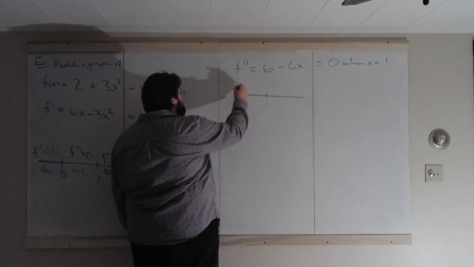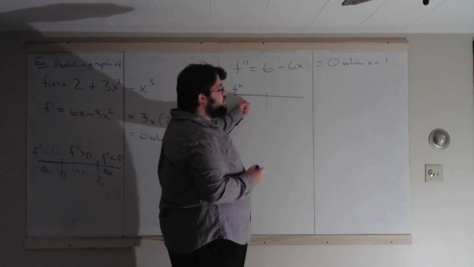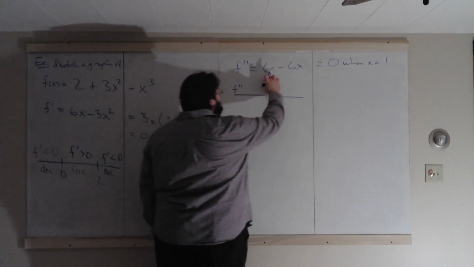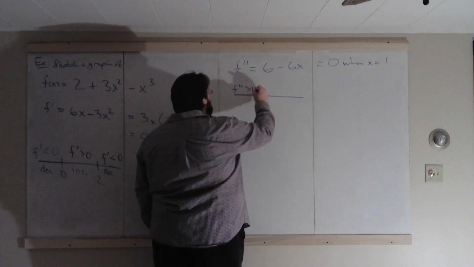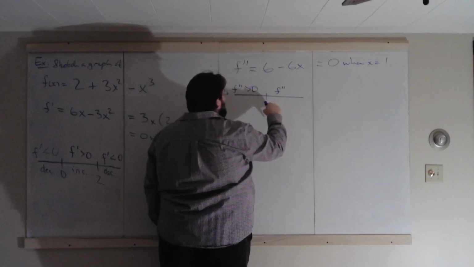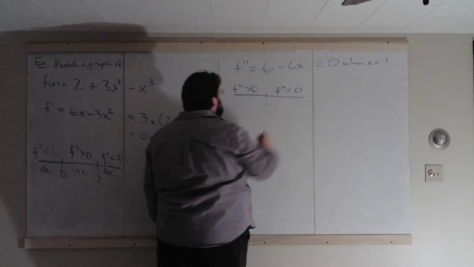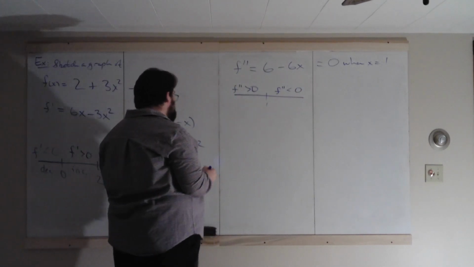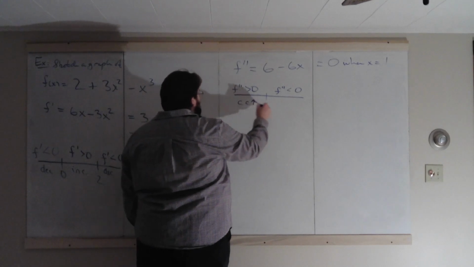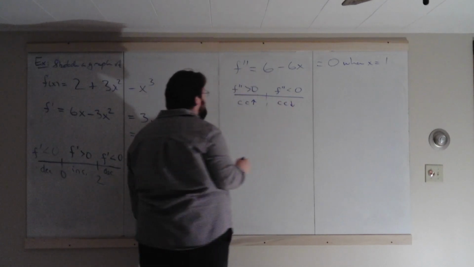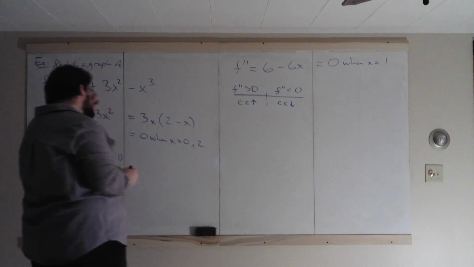On the left of 1, say at 0, the second derivative is 6 minus 0, which is positive. On the other side of 1, say at 2, this derivative is 6 minus 12, which is a negative number. So we have concave up over here and concave down over there.